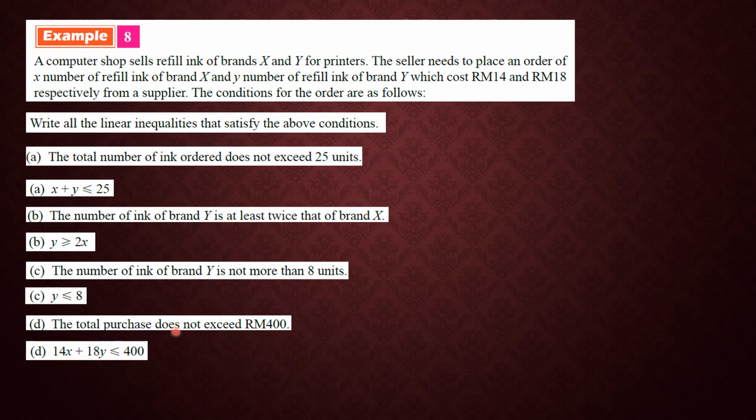Why less than or equal? Because does not exceed 400 ringgit, tidak boleh melebihi 400 ringgit. So these are the examples of how to write linear inequalities when given two variables.